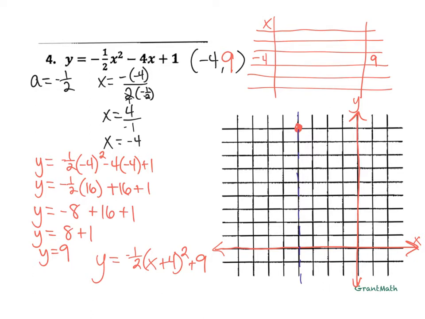I need to find either a point on the left of my vertex or a point on the right. And I only need to pick one number because then I mirror it. What number would you like to choose on the right? -3, -2, -1, 0, 1, 2, or -5, -6, -7, -8.